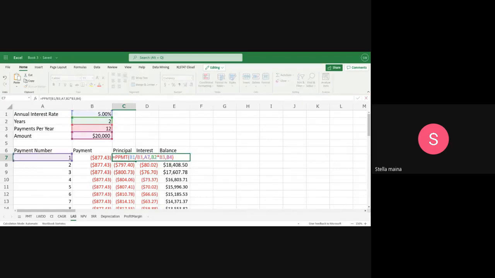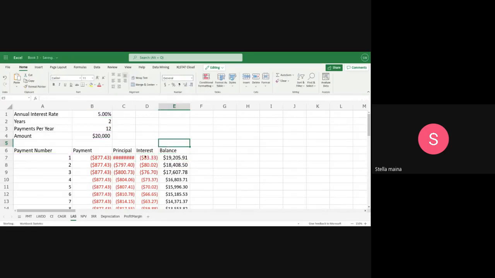Let me just click on it so that you can see it well. The second argument is the payment, that is one, and then we have B2, which is the years multiplied by 12 to get it on a monthly basis. And then we now have our amount finally.